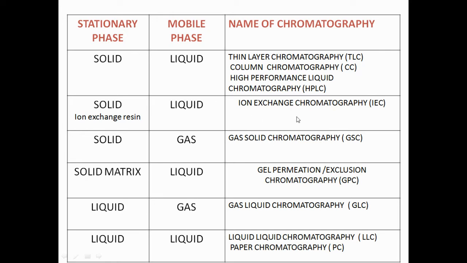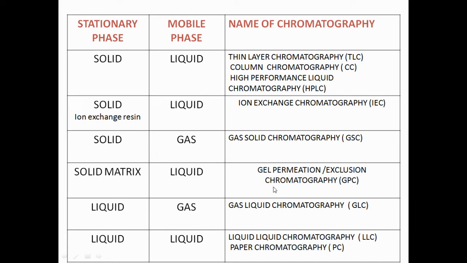Whereas in ion exchange chromatography, again you can see solid as a stationary phase, but here we take resins. Those are ion exchange resins which act as the stationary phase, and organic solvents act as the liquid mobile phase. Then gas solid chromatography, in which the solid is the stationary phase and gas is the mobile phase.